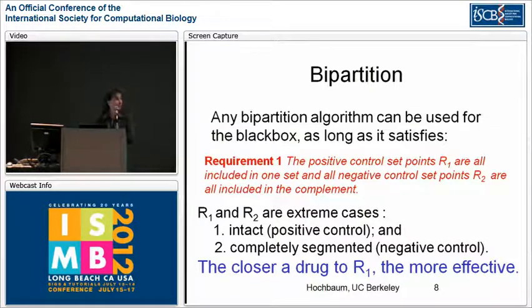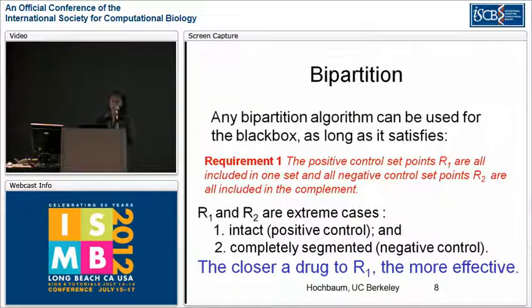Now, in the scoring algorithm, we can use as a black box any bipartition algorithm. It only needs to satisfy the positive control set points, so all the intact cells are included in the set, and the negative control, these are the training sets that should not be in the set, are outside. That's the only requirement, which in most algorithms is very easy to include as training sets.